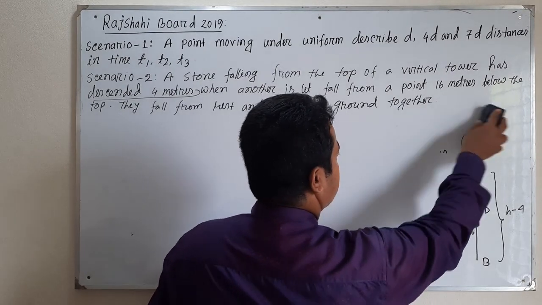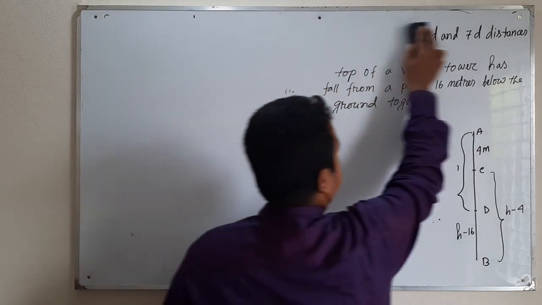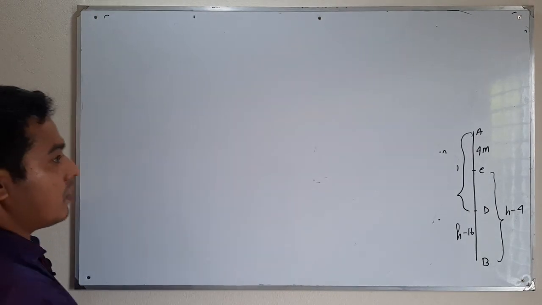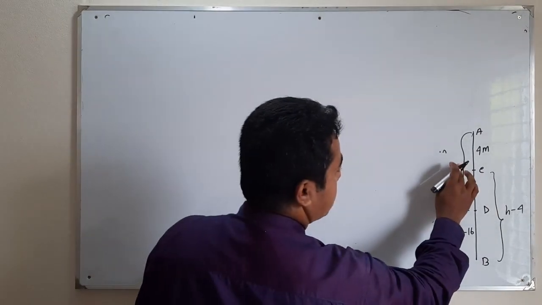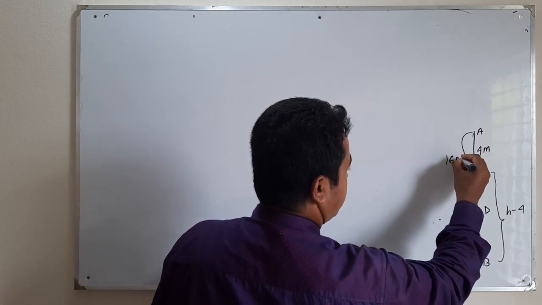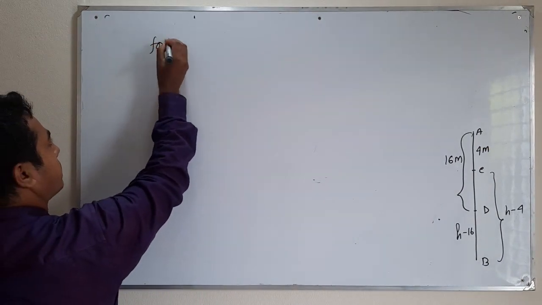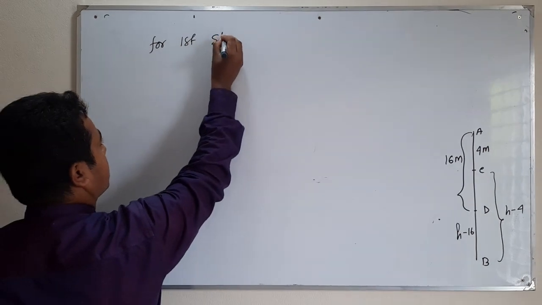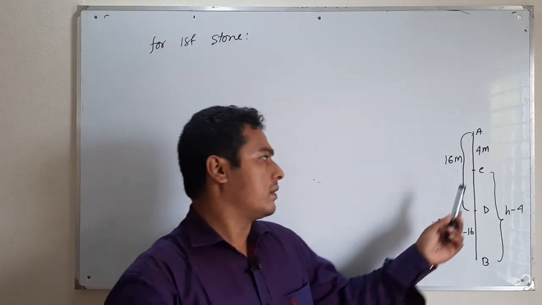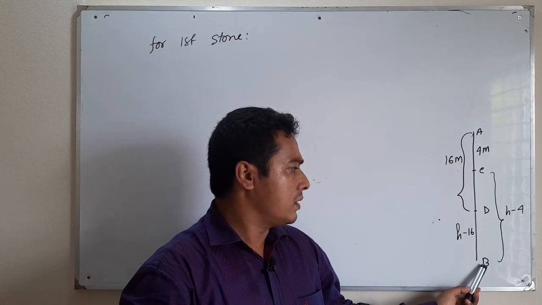For the first stone, the distance AD is equal to 16 meters. The first stone travels in two parts. The first part is AC and the second distance is BC.